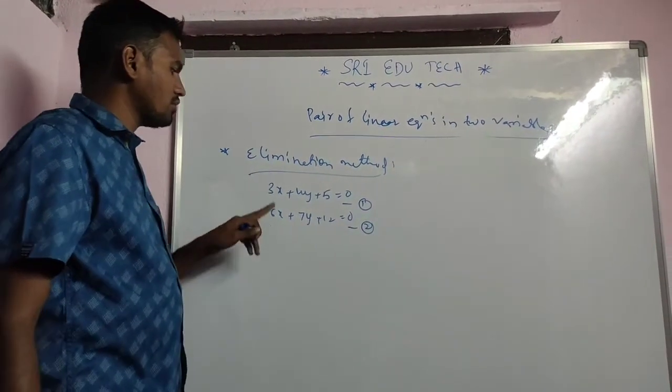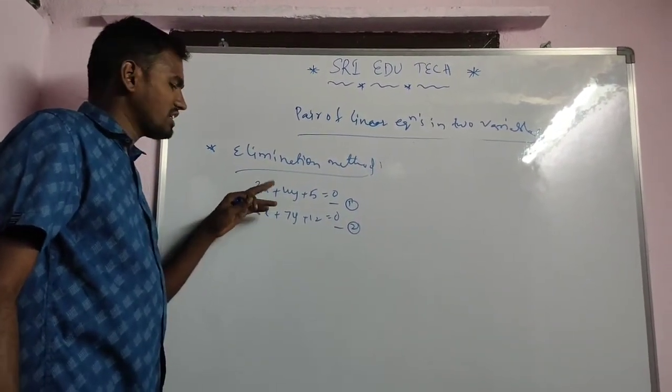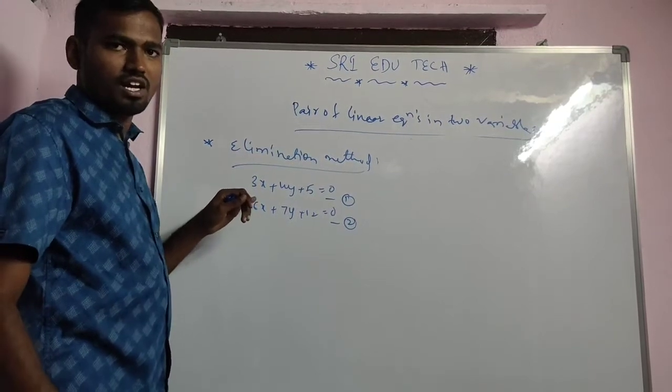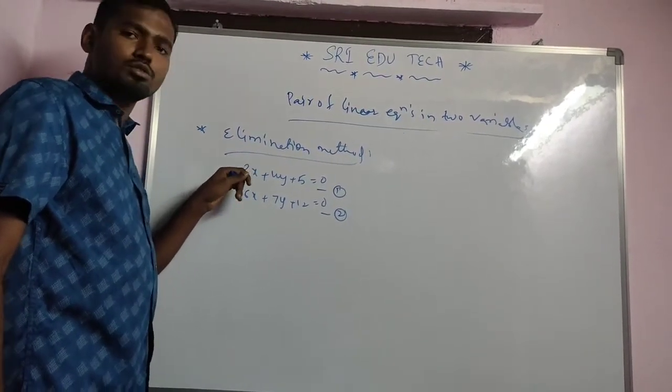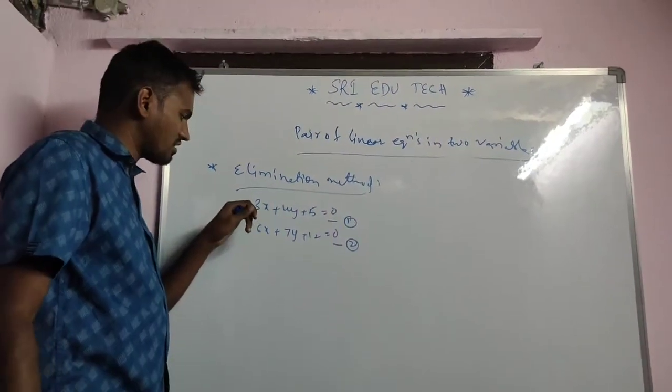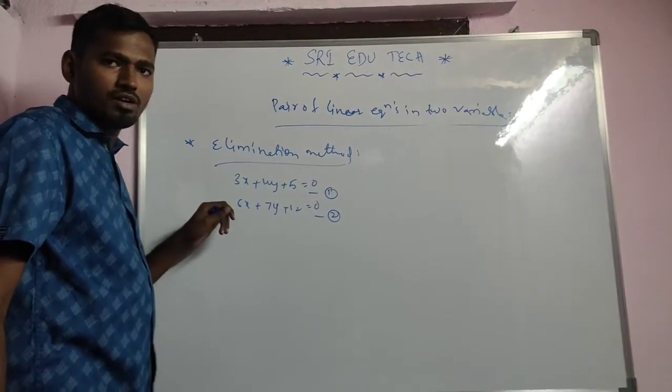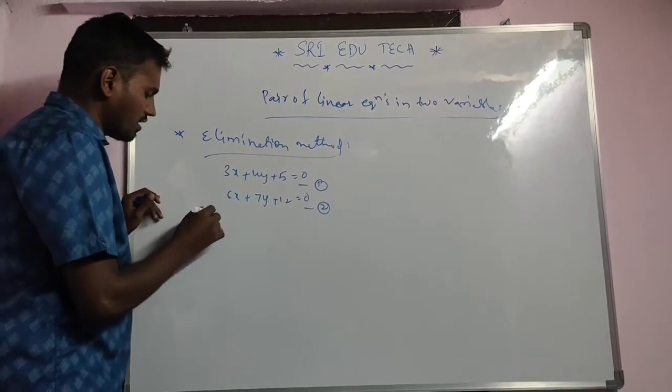Now in the elimination method we have to cancel a term. Now I am doing equation number 1 multiplied with 2, then we cancel the x term first.